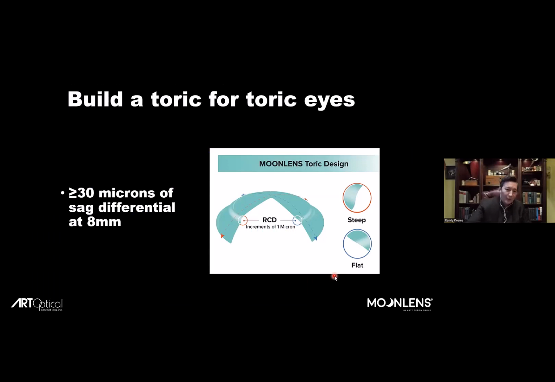So one of the unique features of this Moon Lens and its toricity is Art Optical is going to send you a toric lens for every patient that comes even close to needing a toric. And the price is the same whether a symmetric or a toric is called for.